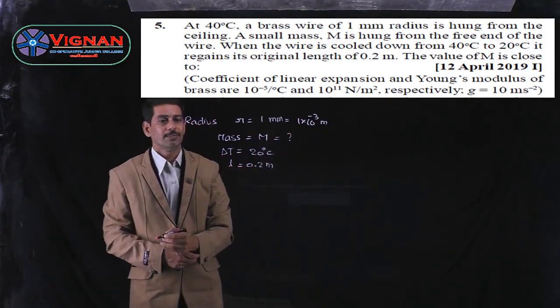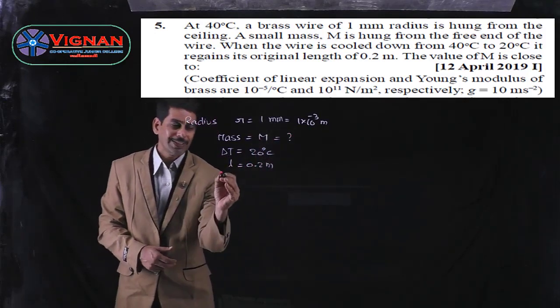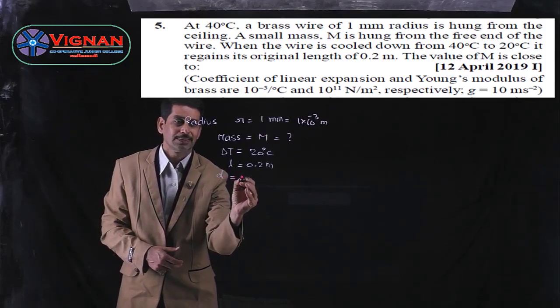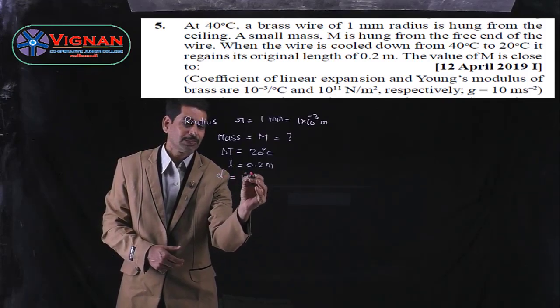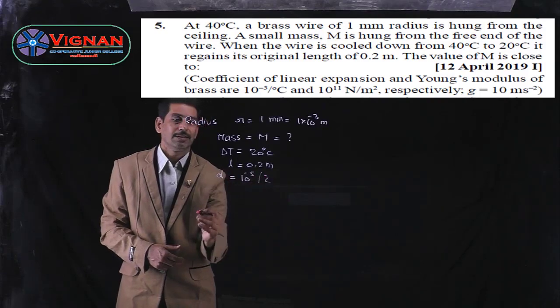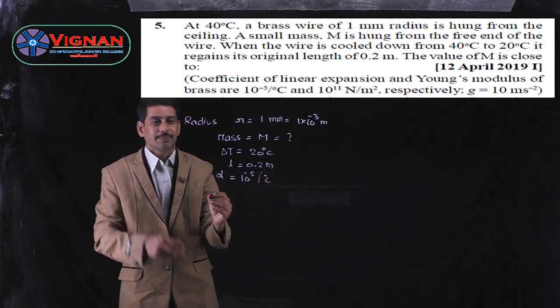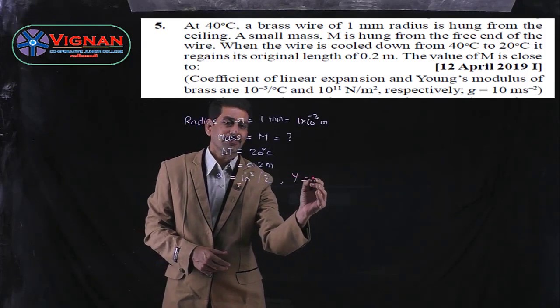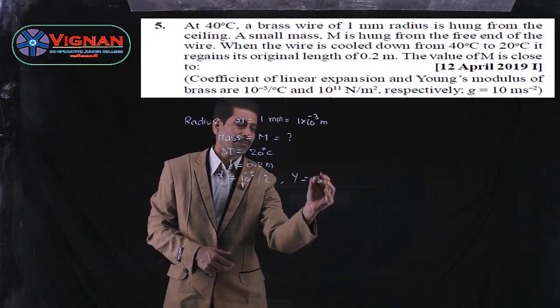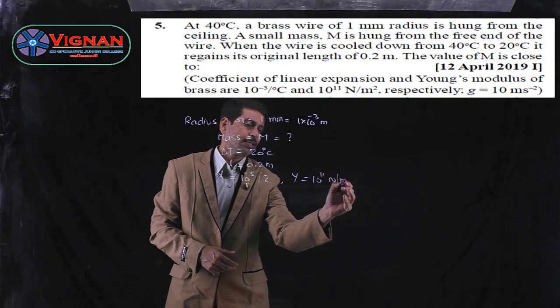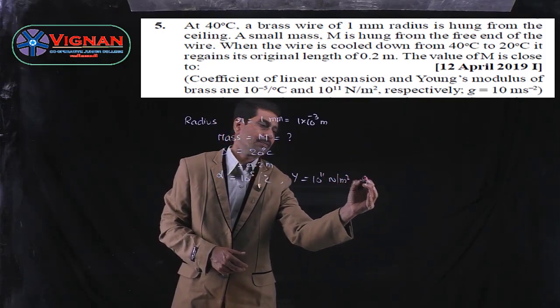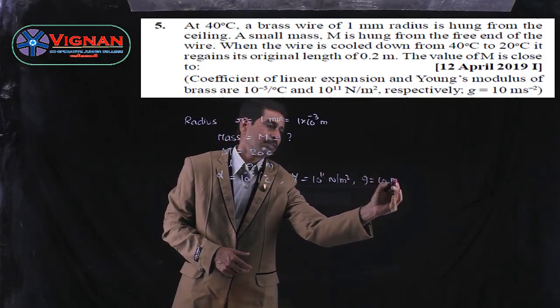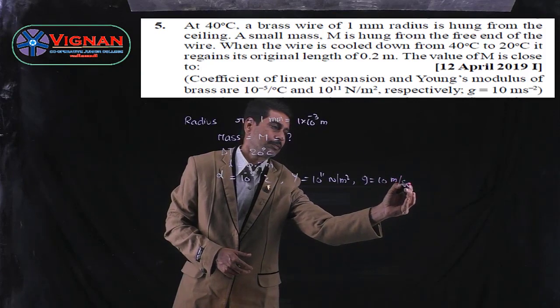The coefficient of linear expansion alpha is given as 10 power minus 5 per degree centigrade, whereas the Young's modulus of the wire, denoted by Y, is given as 10 power 11 Newton per meter square, and the value of g is given as 10 meter per second square.